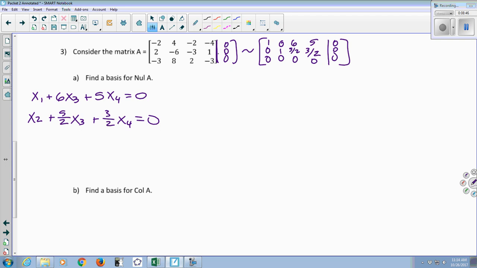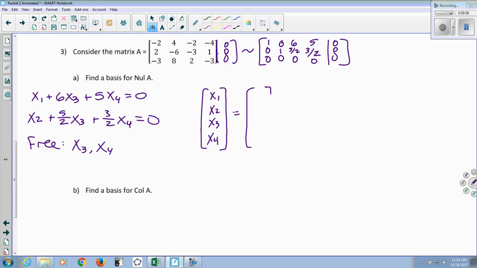And then my free variables are x3 and x4. So to write my solutions, I've got a vector for each free variable.